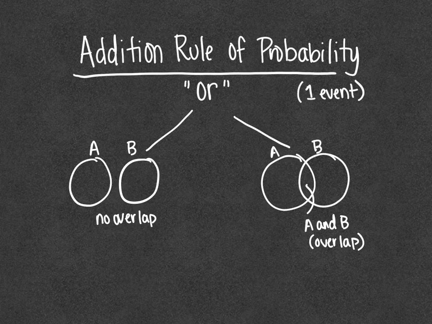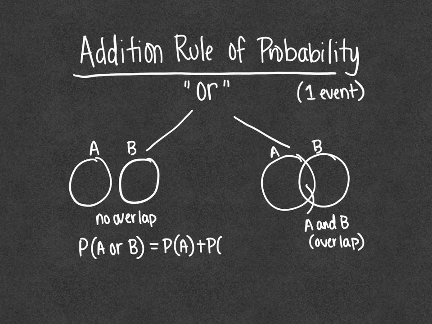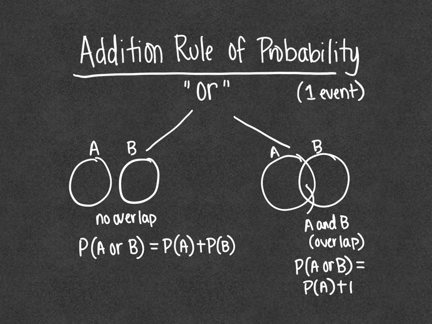So my addition rule for no overlap, to find the probability of A or B, is just the probability of A plus the probability of B. If there is overlap, my formula for the probability of A or B is going to be the probability of A plus the probability of B, but then I have to subtract out the probability of A and B. So I have to subtract out the part where they overlap.